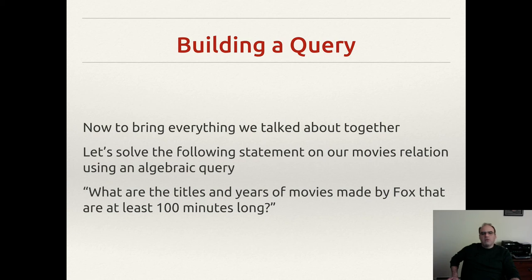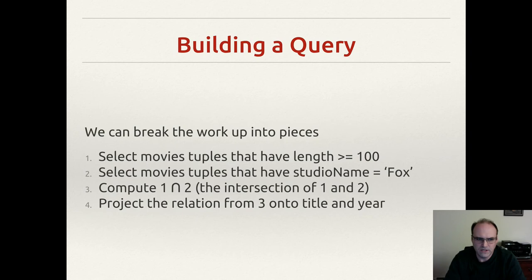Now, made by Fox that are at least 100 minutes long, this was our selection criteria. This is basically our where clause, where a particular attribute lined up to Fox and another attribute had at least a 100-minute movie length.